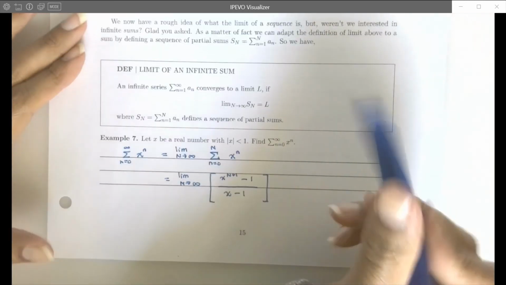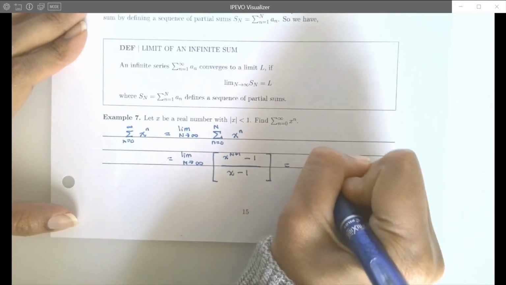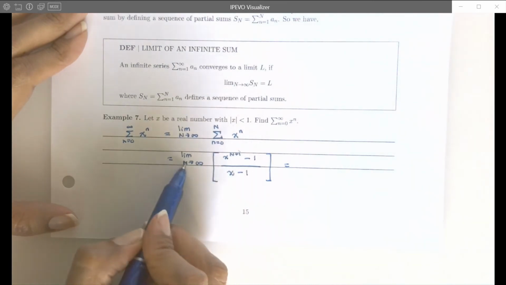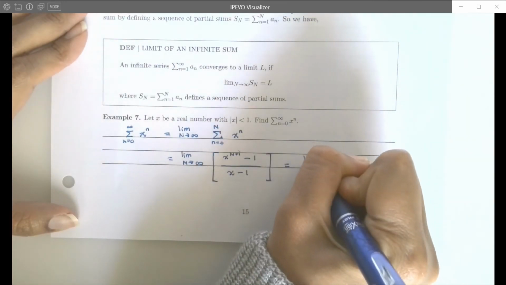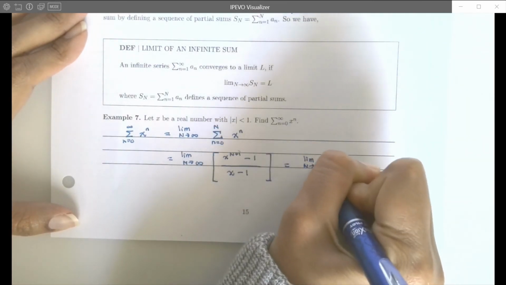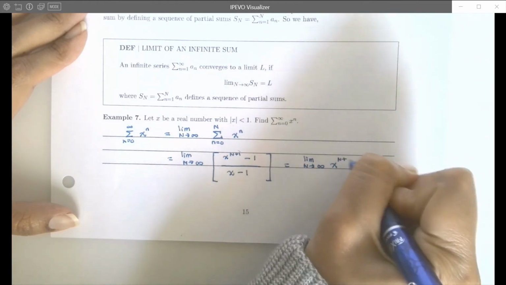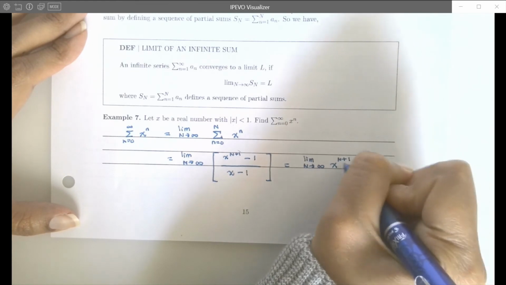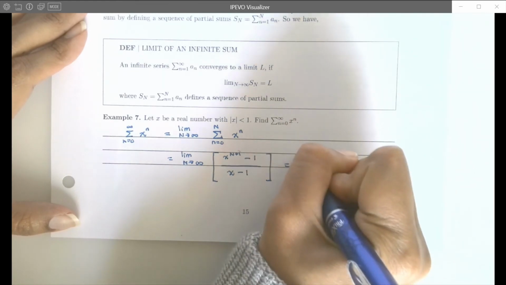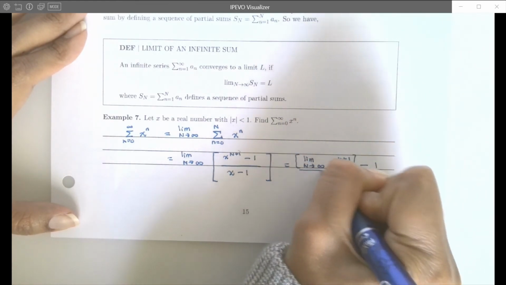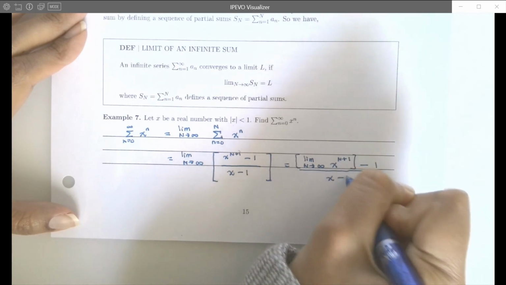So just to write this a little bit more clearly, this is the only term that depends on n. So the whole fraction becomes the limit as n tends to infinity of x to the n plus 1 minus 1 divided by x minus 1.